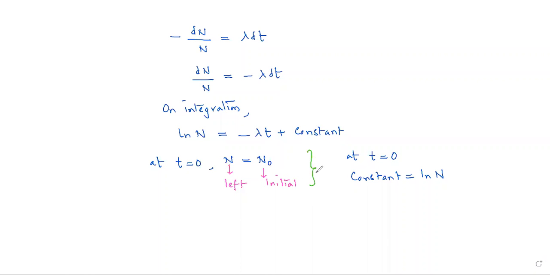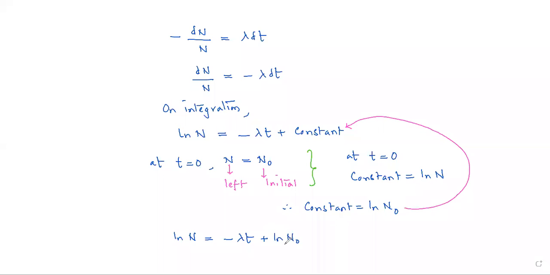So from these two, we can write that the constant is ln N0. Now substituting this in this expression, what do we get? ln N is equal to minus lambda t plus ln N0.